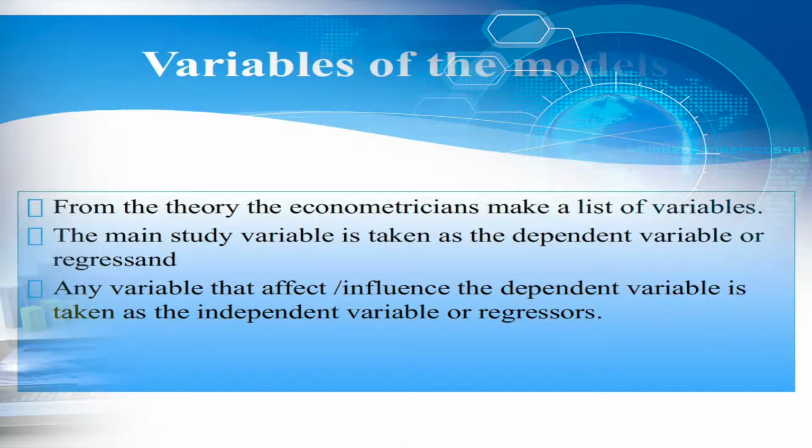From the theory or maintained hypothesis, the econometrician will be able to make a list of variables in the hypothesis. The main study variable is taken as the dependent variable or regressand. Any variable that affects or influences the dependent variable is taken as the independent variable or regressor.